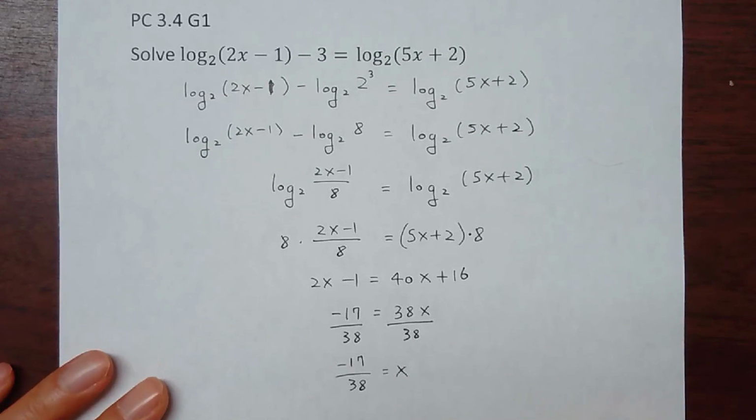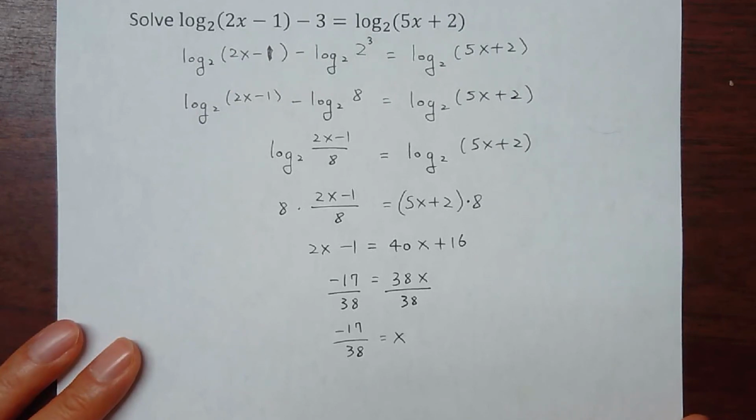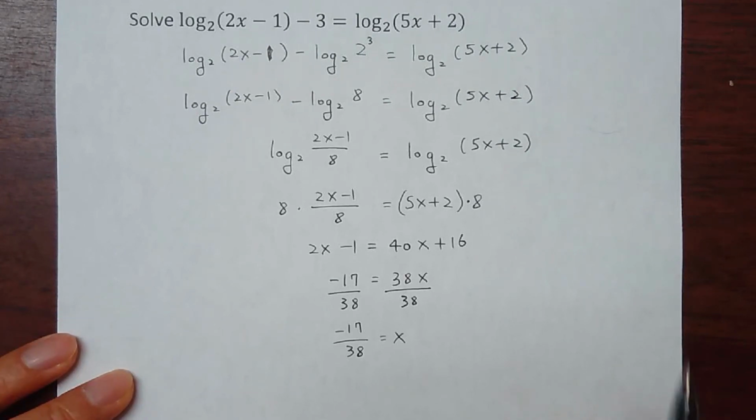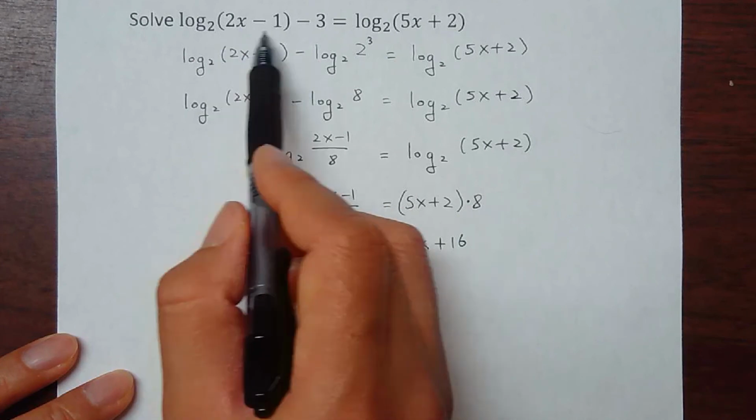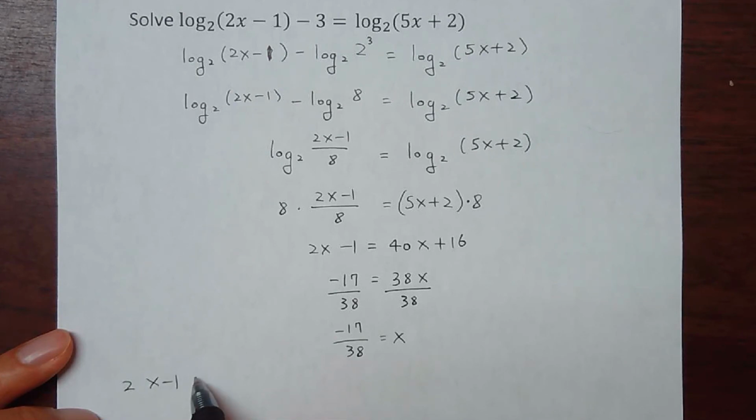Okay, so do not forget checking the final answer against the constraint. So what's your constraint here? Inside the logarithmic expression, 2x minus 1 should be greater than 0.